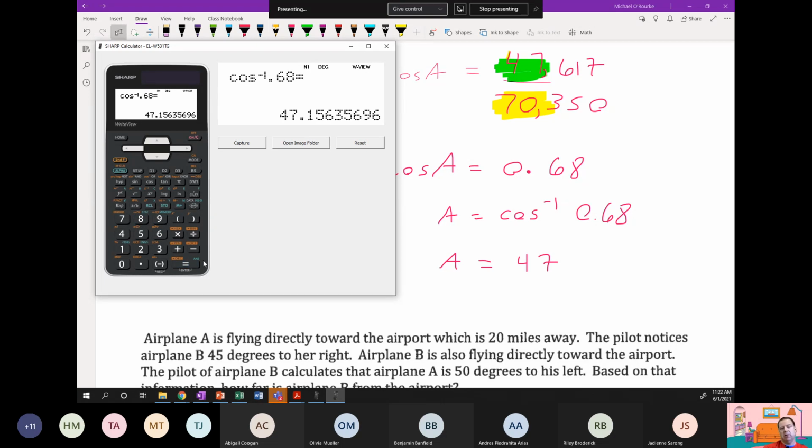Tell me if that worked. Are you on rads or are you on degrees, Tessa? I take it that's a D instead of an R.